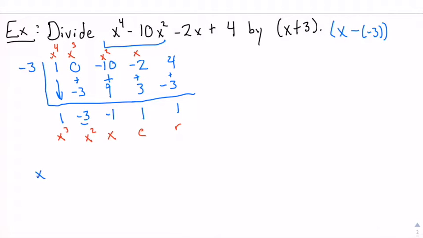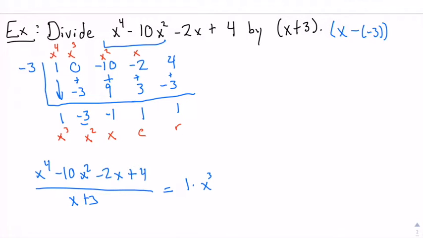We say x to the fourth minus 10x squared minus 2x plus 4 divided by x plus 3 is equal to 1x cubed minus 3x squared minus x plus 1 plus 1 divided by x plus 3.